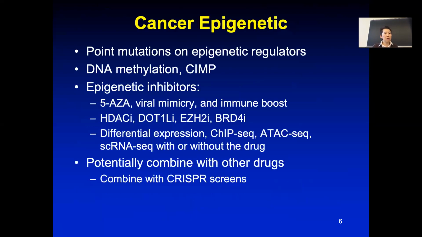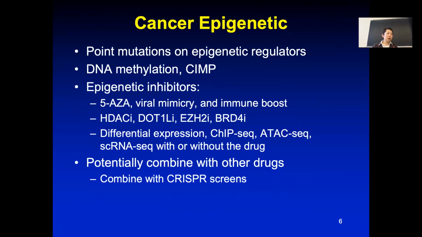And then we talk about cancer epigenetics, right? Previously people looked at just copy number variation. They identified some oncogenes and tumor suppressors already, like MYC or HER2. These were identified from copy number.